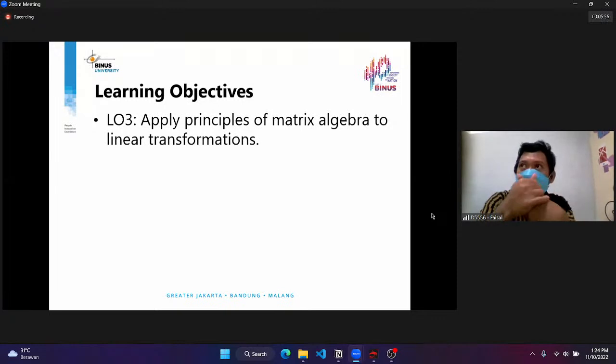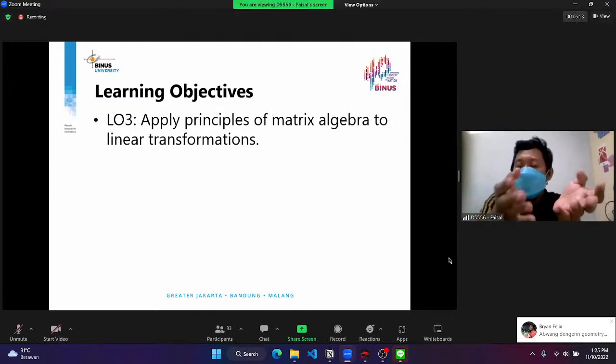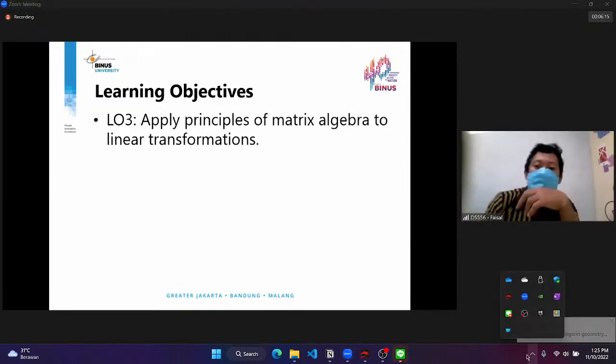And the second one, we can use the inner product. So some transformations use projections and the addition of vectors.